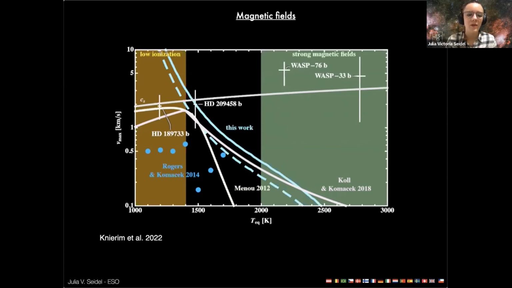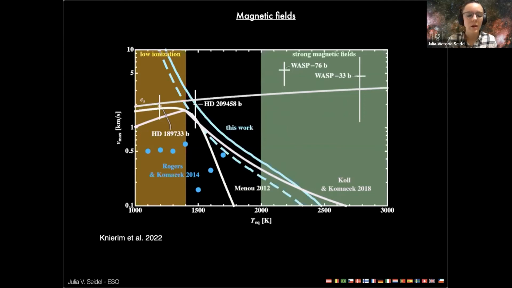So I particularly enjoyed this paper that came out just a few weeks ago by Knirem et al., where they made models to understand what happens for exoplanets that have neither very strong magnetic fields or have very low ionization rates, kind of in the realm of ohmic dissipation probably being the driver of magnetic fields.